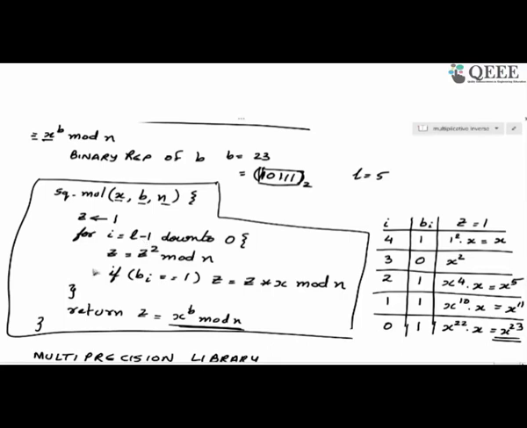Just by analyzing this loop, we can conclude that the time complexity is linear or polynomial in the size of the exponent.